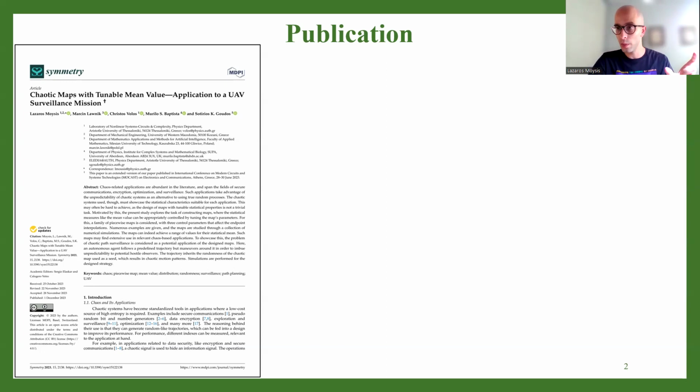Can it have a right skewed distribution? Can we achieve that? This is a very interesting problem, obviously, from a mathematical and modeling perspective, that we manage to create chaotic systems with controllable statistical properties. But it also matters a lot from an application perspective, because the statistical behavior affects many different applications of chaos. So let me tell you how we did that.